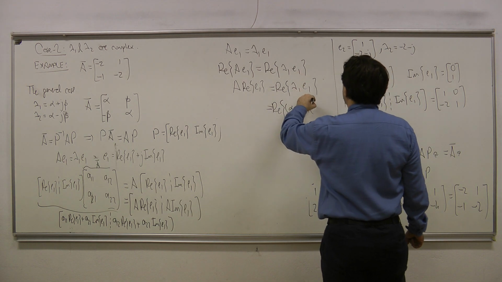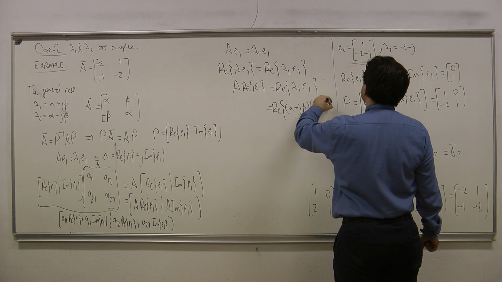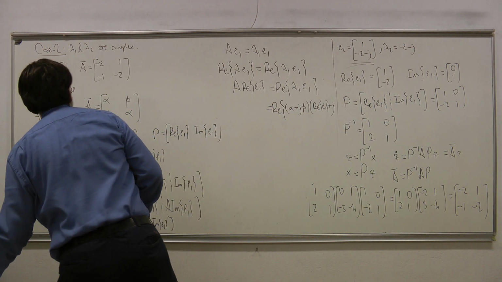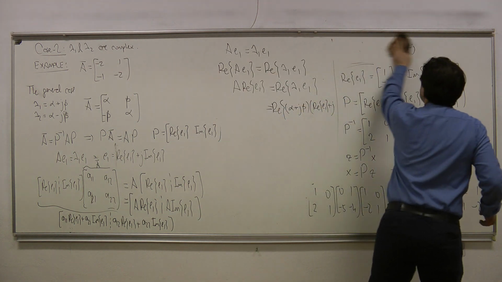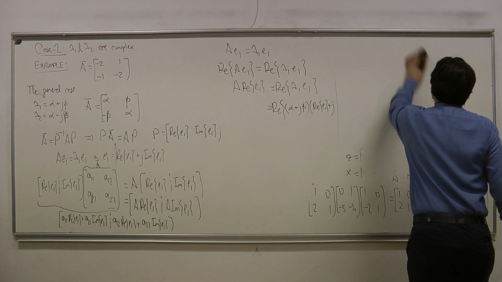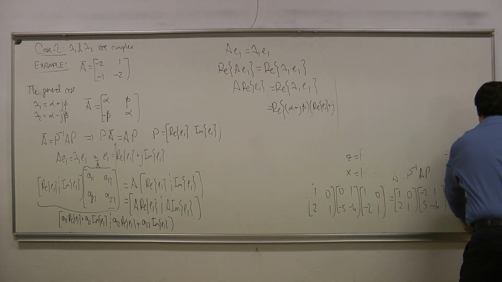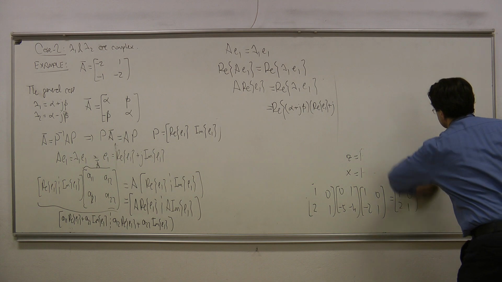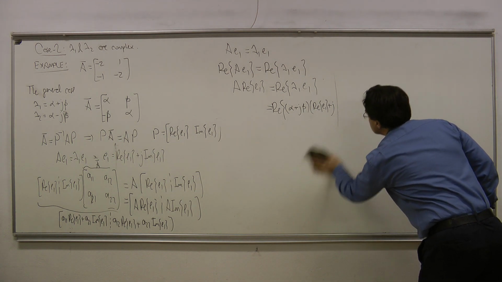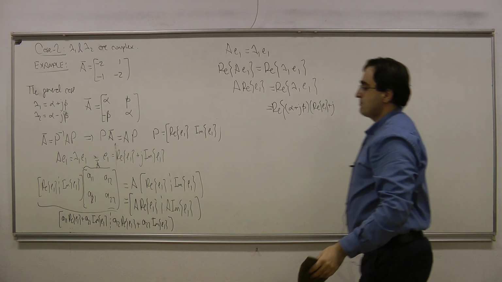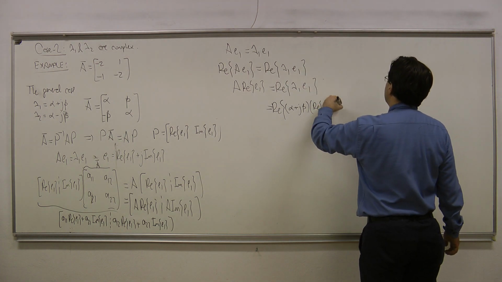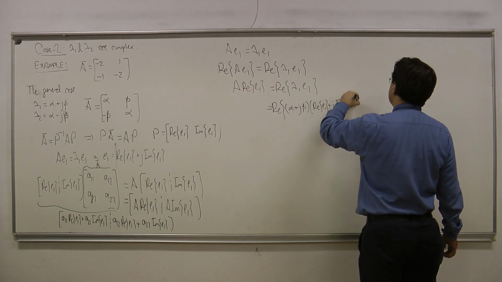And instead of E1, I write real of E1 plus j imaginary of E1. Real E1, and I have imaginary E1.